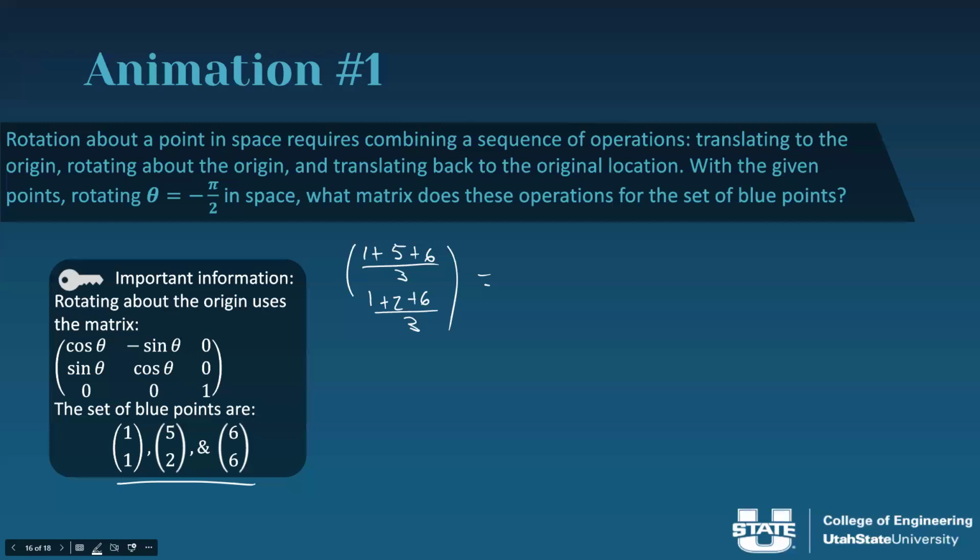So that's 12 divided by 3 is 4. And then 3 plus 6 is 9 divided by 3 is 3. Yeah? So that is the center of all of our points.